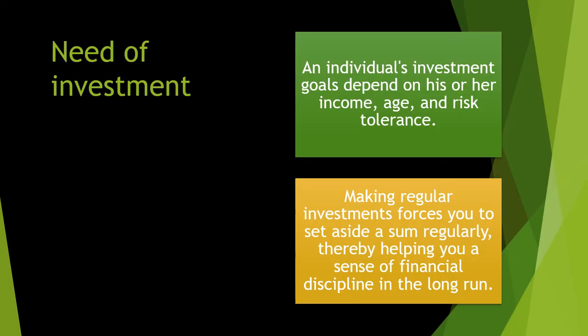So, needs of investment. An individual's investment goals depend on his or her income, age, and risk tolerance. So there is a demographic variation in the concept of investment. There are higher income, richer class people, middle income group people, and lower income group people. Their investment styles are different, and age-wise also investment is different. Youngsters are interested in taking risk.